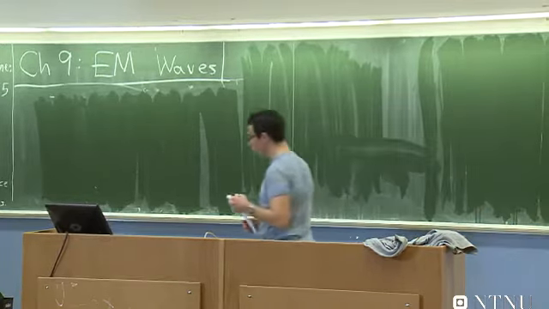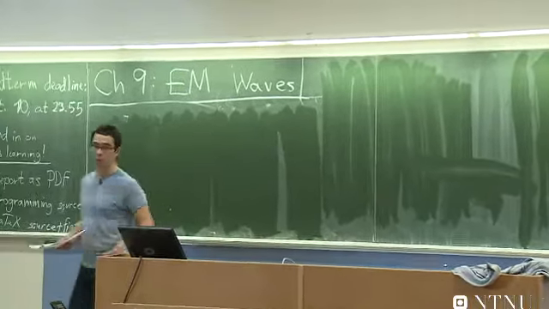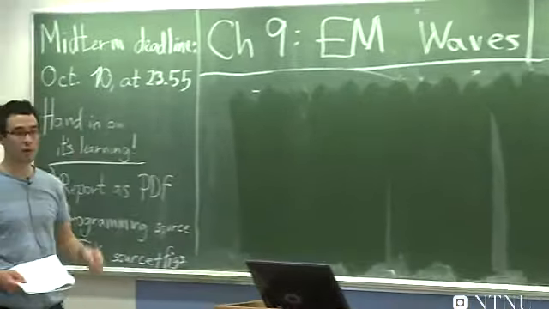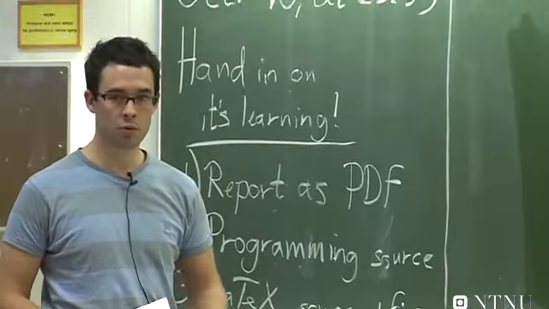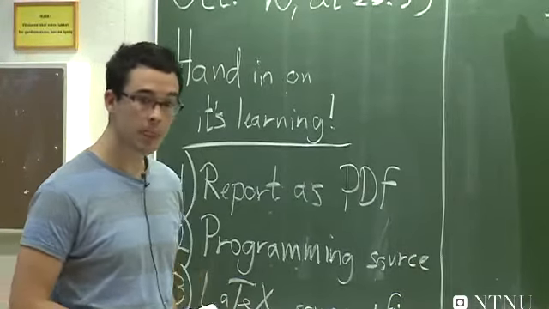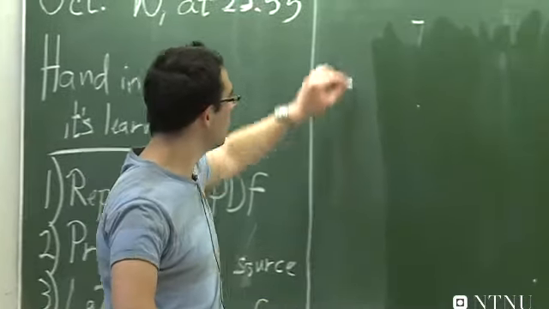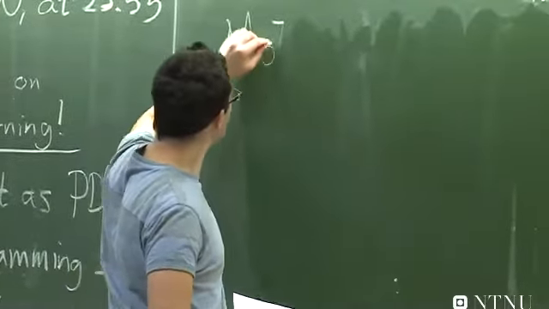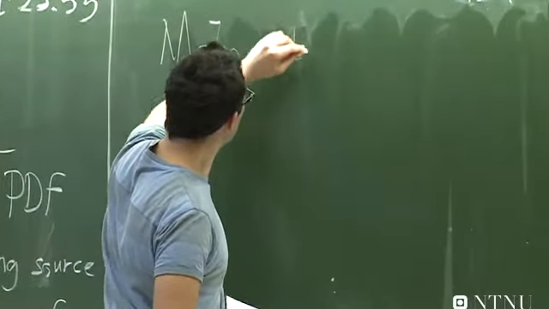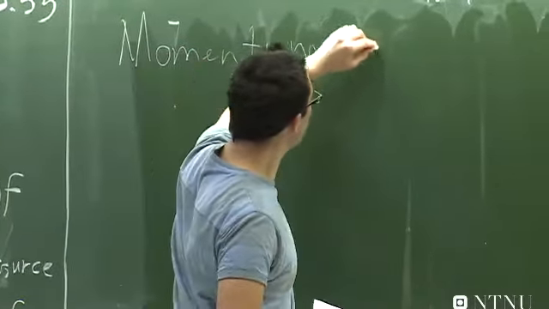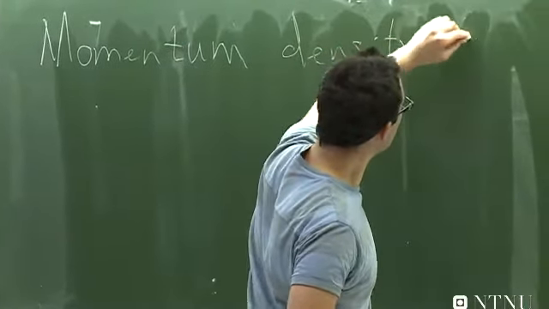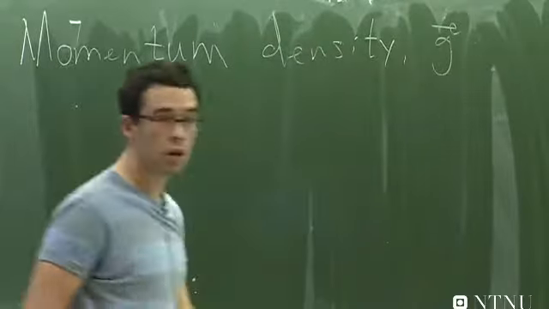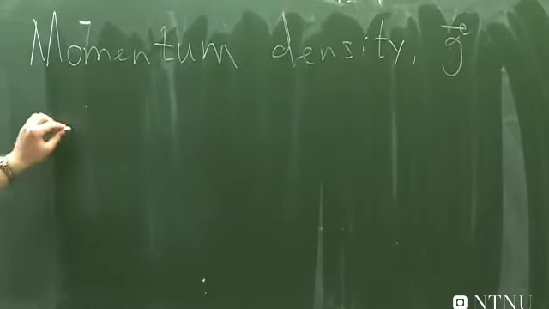Now, we know that there's also momentum in the electromagnetic field, and since there's a transport of energy in the plane waves, we would also expect transport of momentum. So what's the momentum density again? The momentum density we just defined as the following.